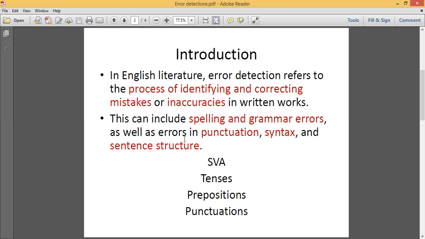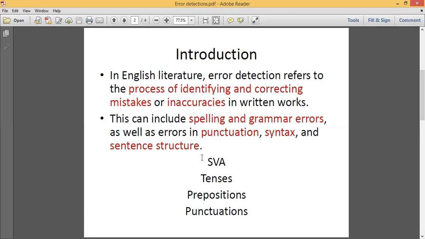A particular sentence structure that has been used in a sentence or in a paragraph, or in reading comprehension, or reading any script, reading any book, or reading any sort of thing you talk about.